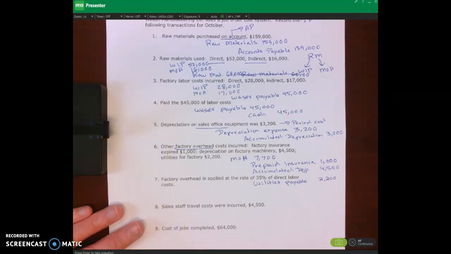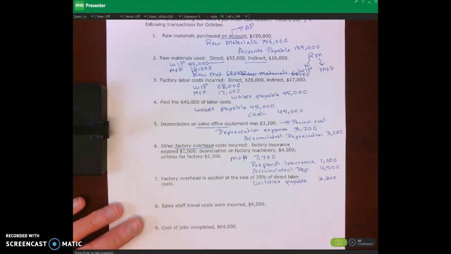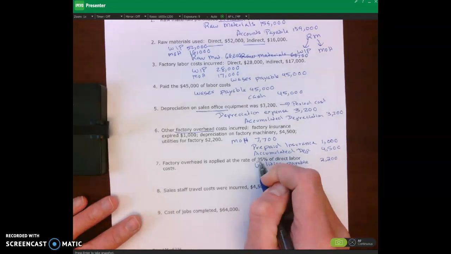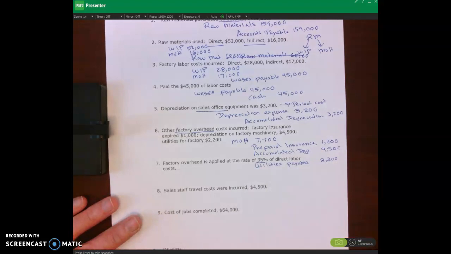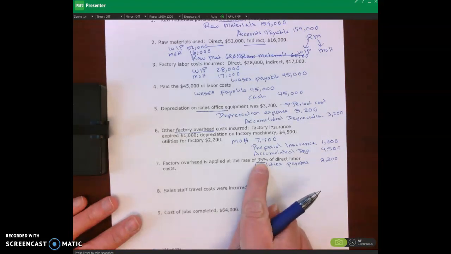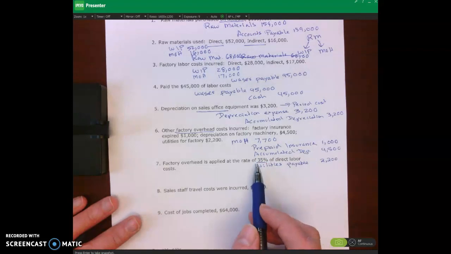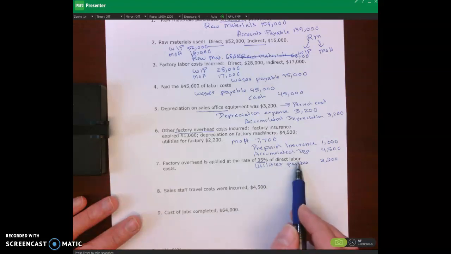Okay? So let's look at number 7. It says factory overhead is applied at 35% of direct labor costs. This is our predetermined overhead rate. So in this problem, I'm giving you the predetermined overhead rate. So what this is telling you is that we apply 35 cents of overhead for every dollar of direct labor.